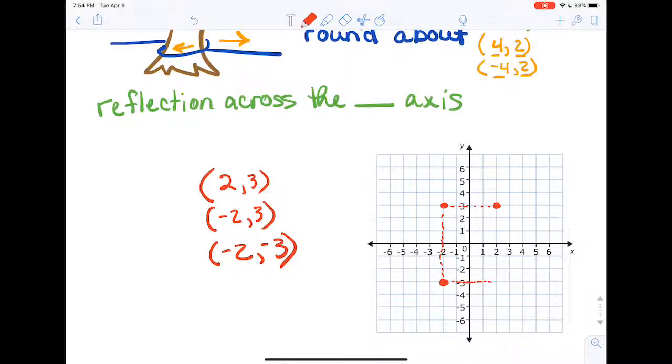Oh, well, I was 2 away from the y-axis at my last point, so I'm going to be 2 away right here. What are my coordinates there? Well, they're 2 and -3. And you can see what I made. I made a rectangle. You could also make a square in this way. You should get some graph paper and see if you can make a figure that has reflections across the x and the y axis as well.